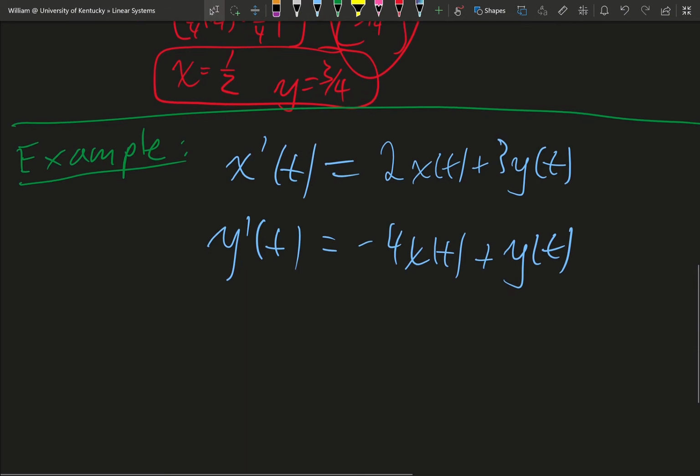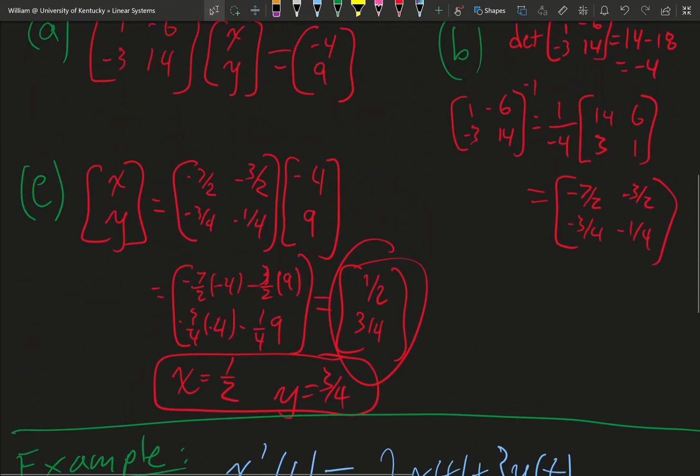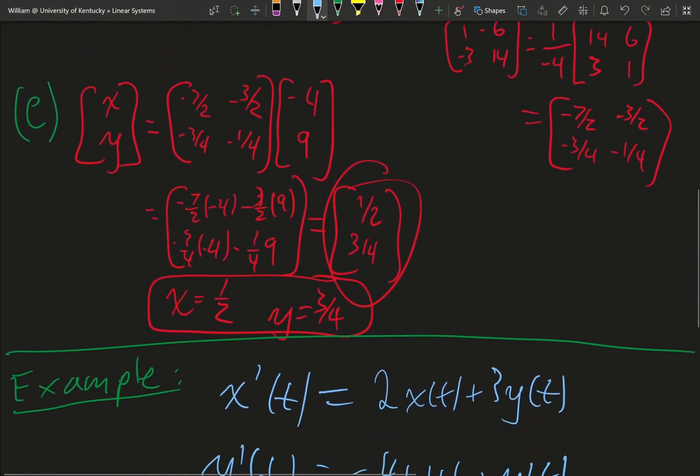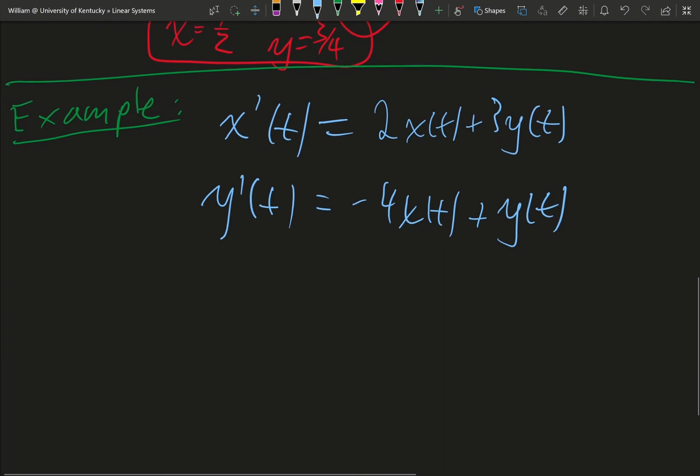You might notice that this is pretty similar to the linear system problem. The setup's pretty similar. We have our x's, our y's. Something different on the other side, we have x prime and y prime instead. But that tells us that we can represent this as a matrix equation.